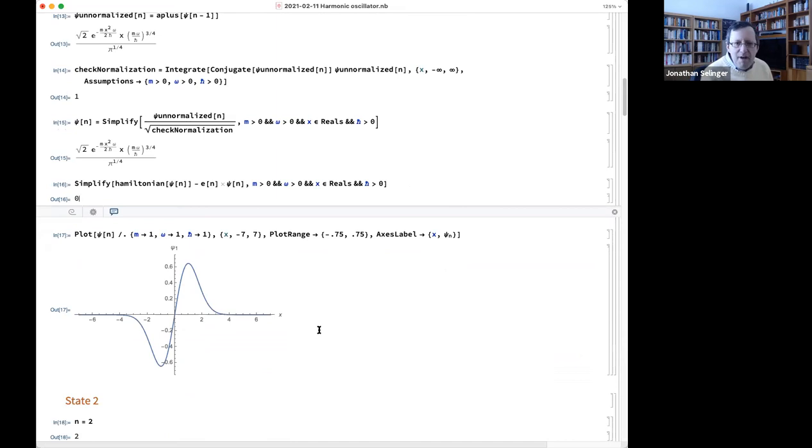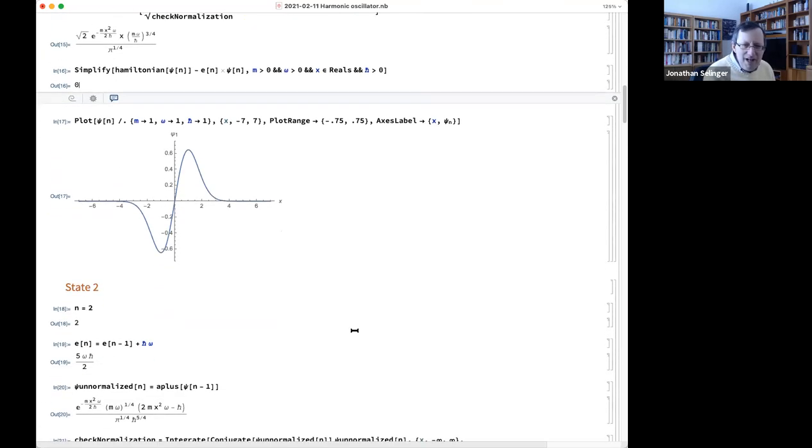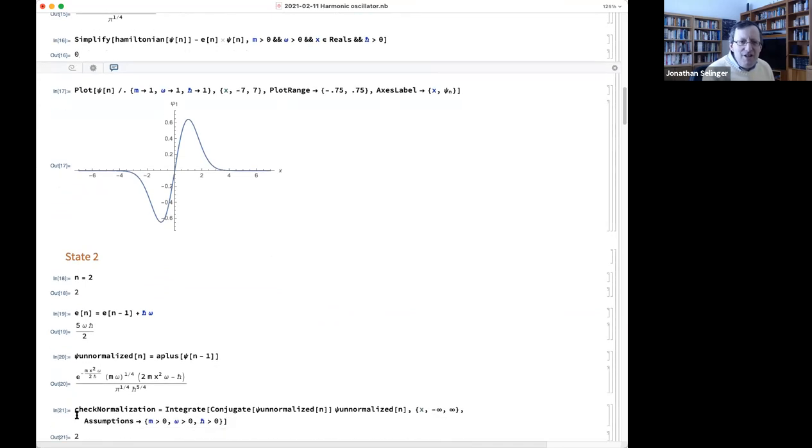So now we can keep on going. Now I can just keep copying and pasting the same code to go to higher and higher steps on the ladder. Okay, so I got excited about that. I just kept doing it. Okay, so here is n equals 2.